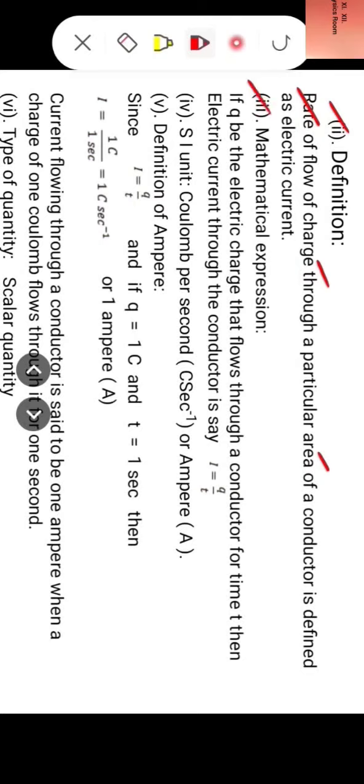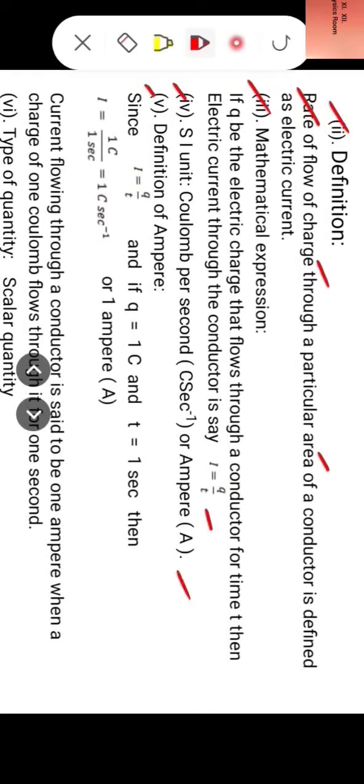3. Mathematical expression. If Q be the electric charge that flows through a conductor for time t, then electric current through the conductor is I equal to Q by t. 4th, SI unit: coulomb per second, or C sec inverse, or ampere. 5.